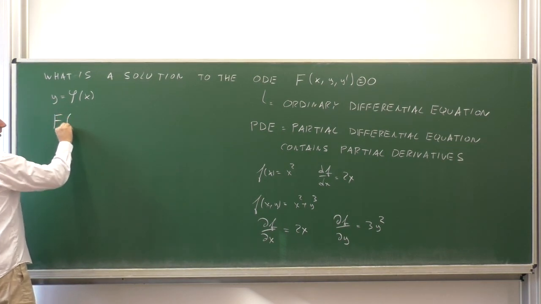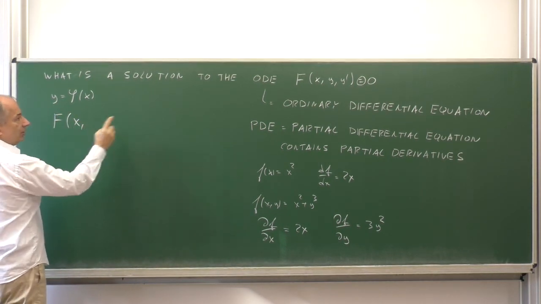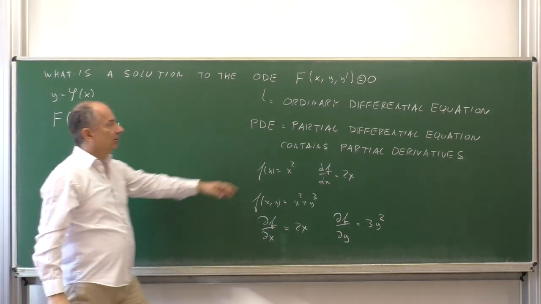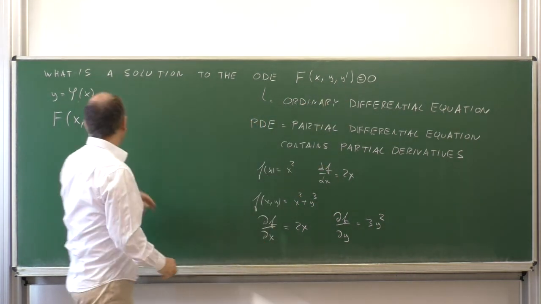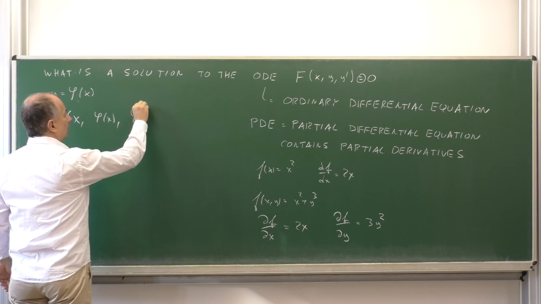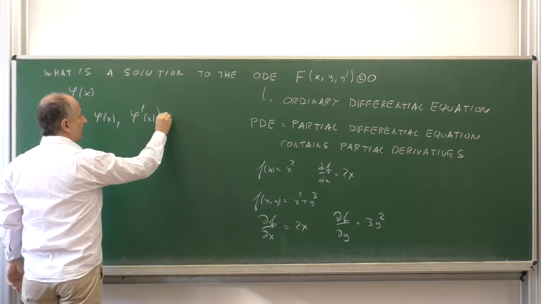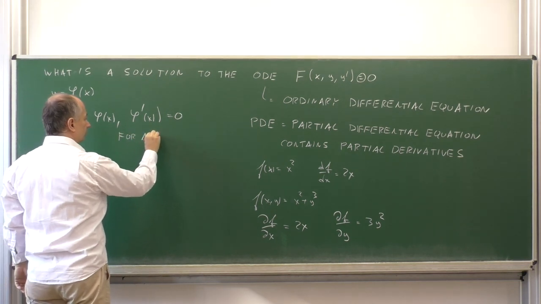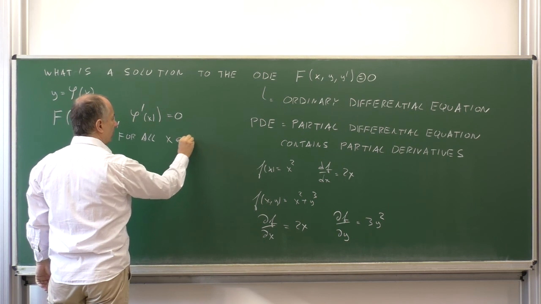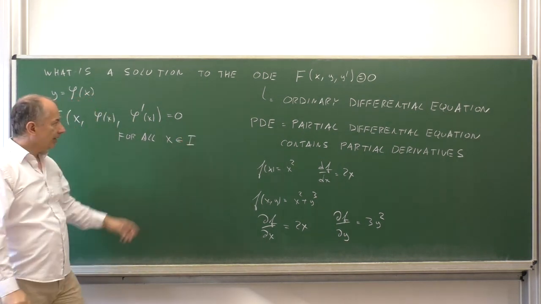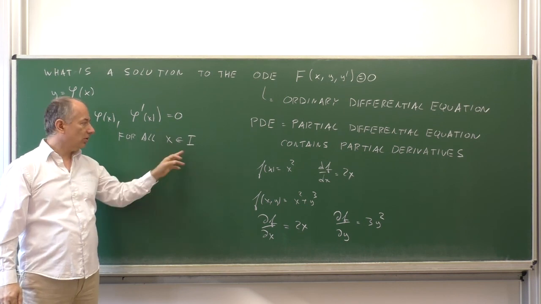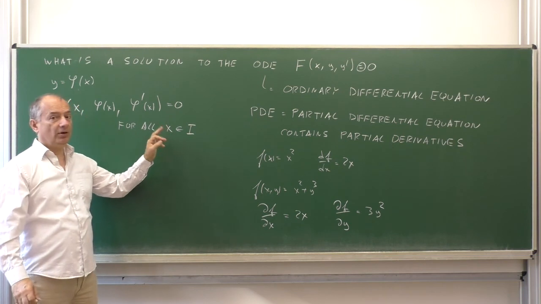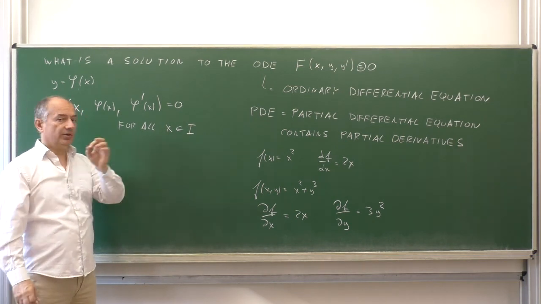Namely, F evaluated at x, for y we write phi, and for y derivative we write the derivative of the solution, phi prime of x, and this should be identically equal to 0 for all x in some interval. Not just for one or two special values of x, but for infinitely many values of x in some interval.